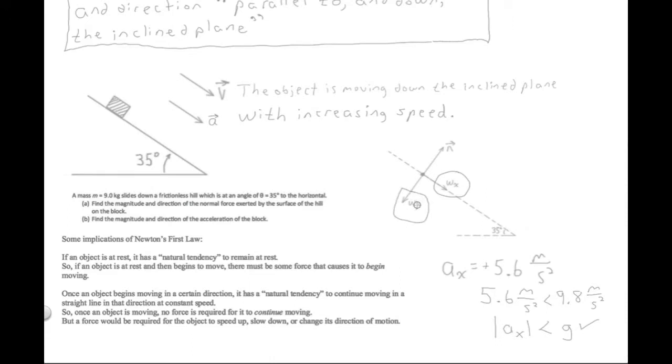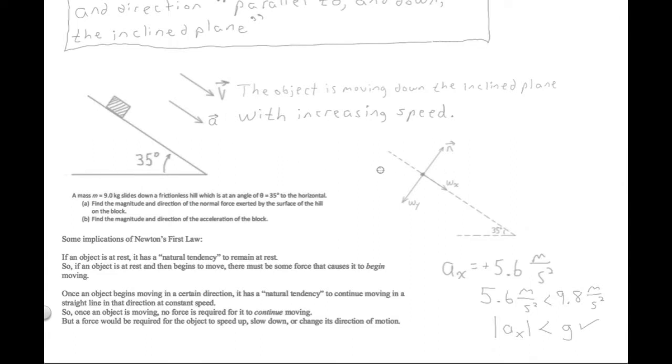W sub y is attempting to begin dragging the mass down into the surface of the inclined plane, but W sub y is going to fail at that because it's going to be canceled out by the normal force. All right, so now we've completely explained all the interrelationships and interactions between all these forces and how they're reflected in the velocity and acceleration.